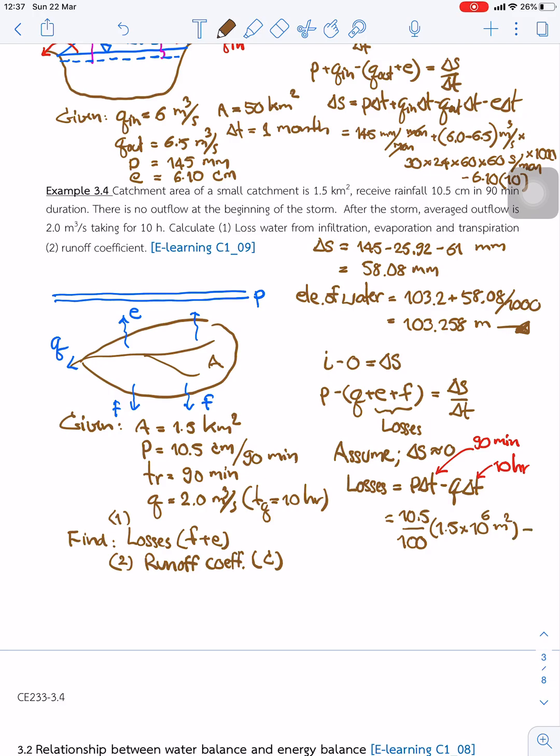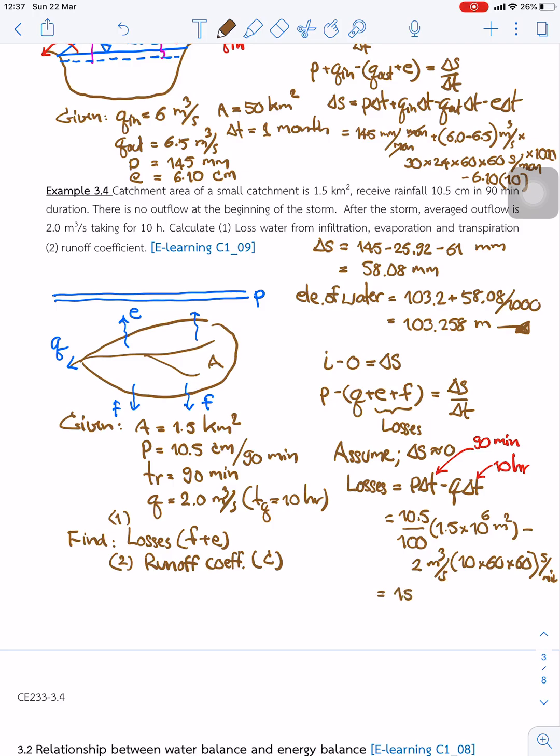Subtract from 2 cubic meter per second. We have to multiply by 10 hours, 60 minutes, 60 seconds. This means the unit is seconds per minute. Okay, so we convert to cubic meter.